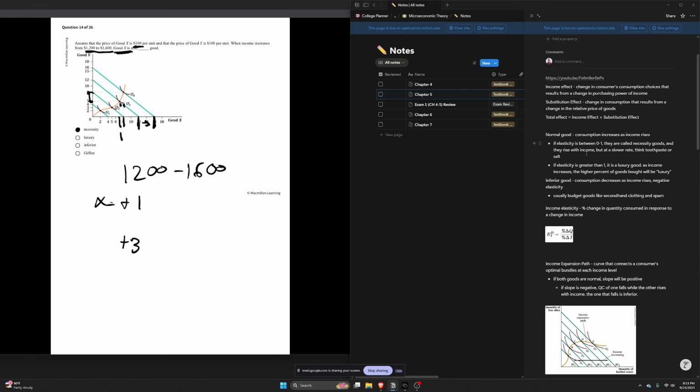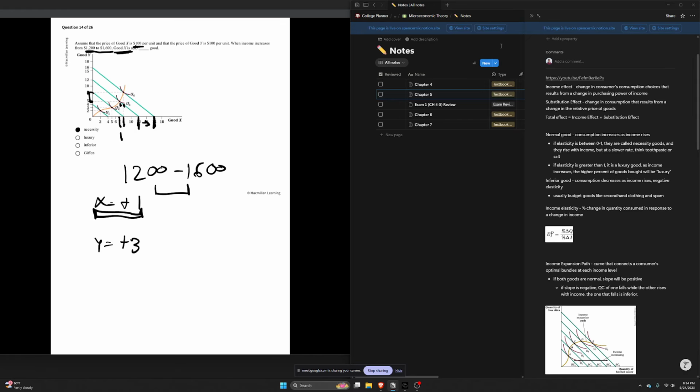So for X, Y. All right. So we can see that given this large increase, this $400 increase in the budget, the quantity consumed did not change much. Okay, so if we took the percentage change, I don't know what that is exactly, it was 33%.